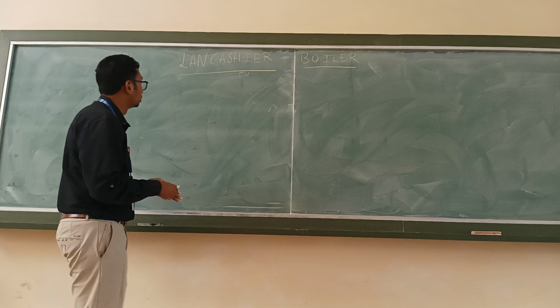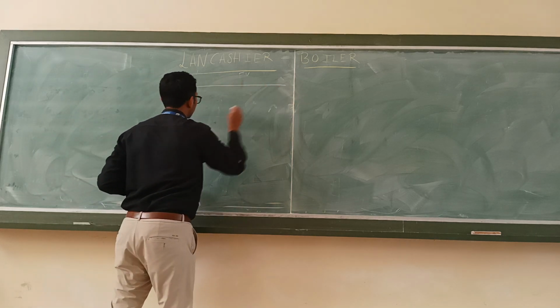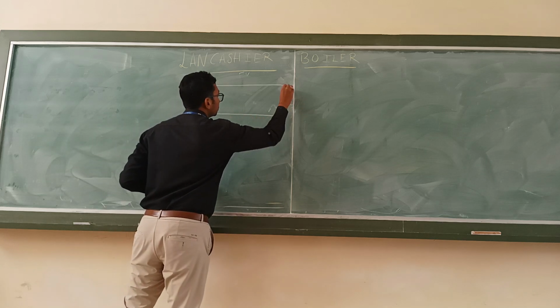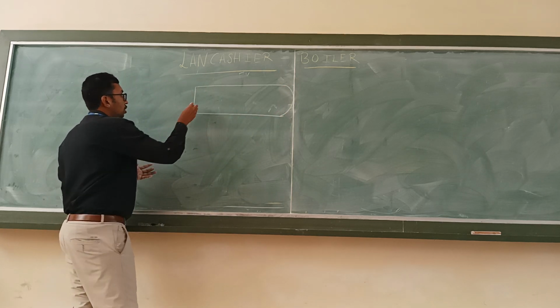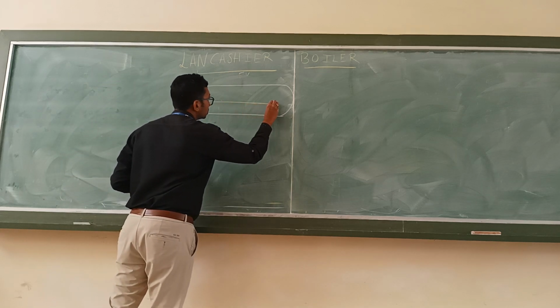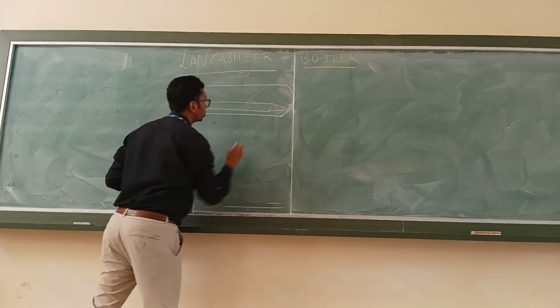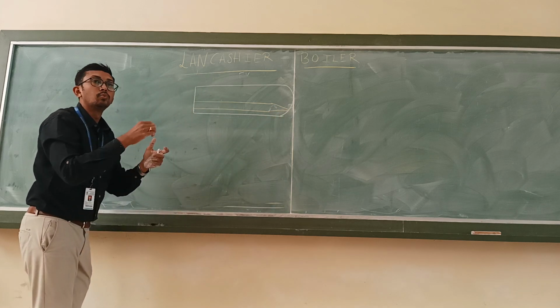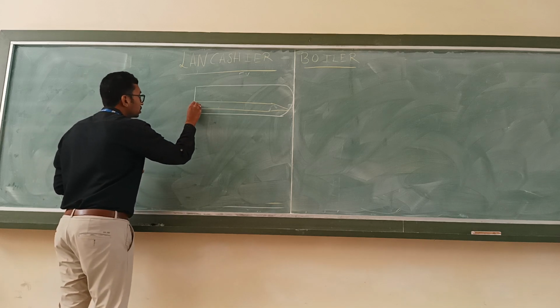So as I told, it consists of a boiler drum. Okay. So this boiler drum consists of two flue tubes, where the combustion of fuel is going to take place inside this flue tube.